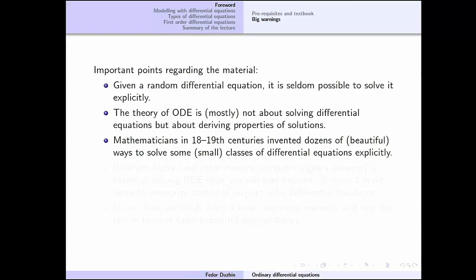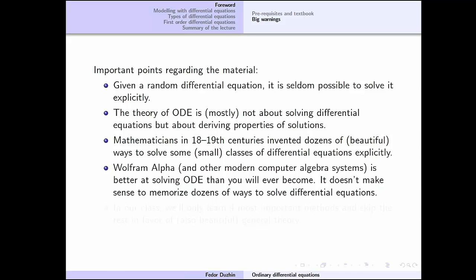So usually in courses of differential equations, students are taught techniques to solve differential equations that are very, very particular. So they can do very, very little classes of differential equations, and these techniques were invented a long time ago. But I think you'll believe me if I tell you that no matter how hard you try, Wolfram Alpha is always going to be better at solving differential equations than you.